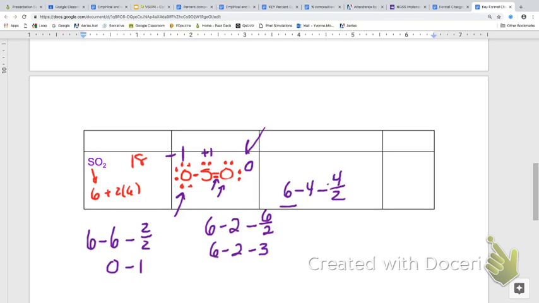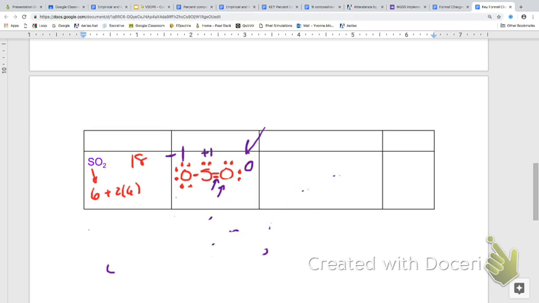Okay, so let's see if we can get rid of those charges altogether by rearranging the electrons on that oxygen on the left. So let's try it again. I'm going to bring 2 more electrons into the bond. Remember, sulfur can form an expanded octet, so we're not going to worry that we've gone over the 8 valence electrons.